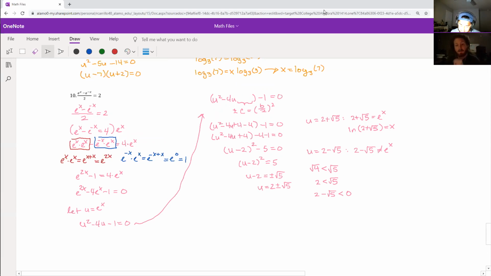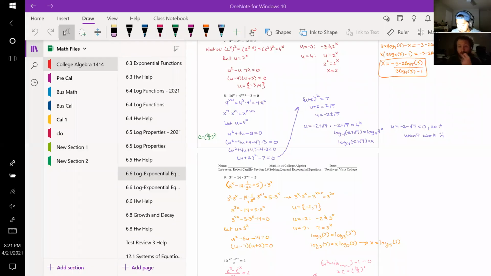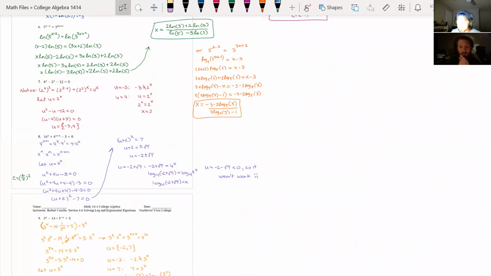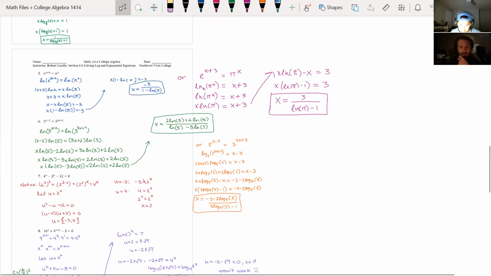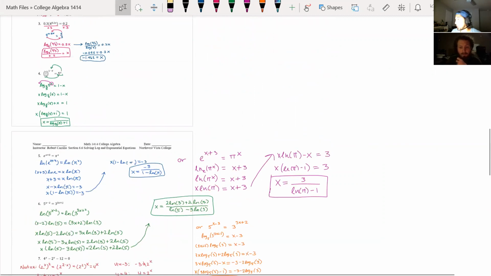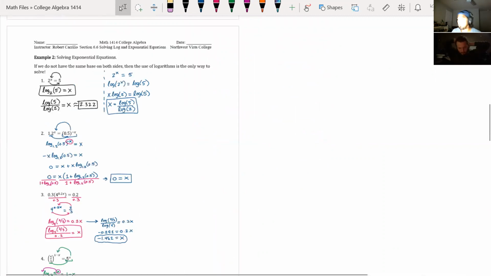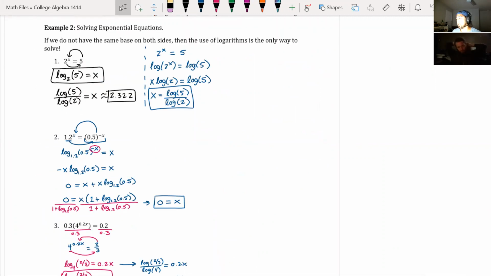Let me show you guys something before we take off. I did put some notes down when Carl worked the rest of the exponentials, because I said in the beginning that there were two options. One, you can change from exponential to log, and two, you can apply logs to both sides and solve for x. Either way works, and both answers are equivalent.